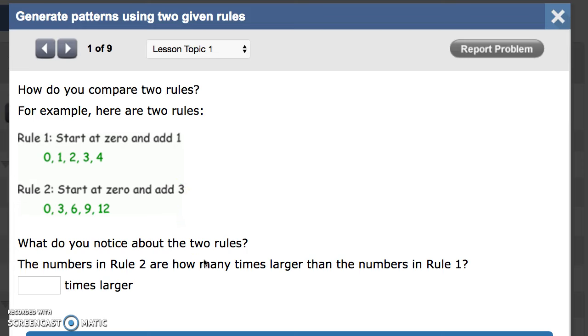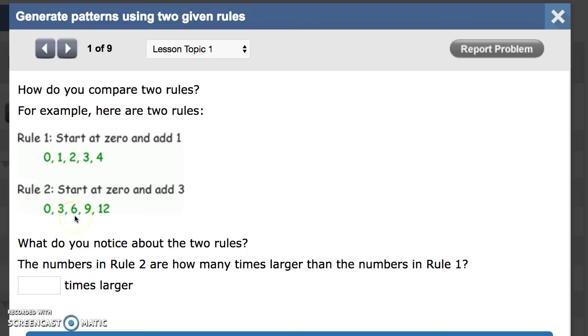So what do you notice about these two rules? How many times larger are the numbers in rule 2 versus the numbers in rule 1? When you're looking at this, you're going to want to compare. Well, 0 and 0, that's going to be the same. This one's 1 and this one's 3. How many times larger is 3 than 1?